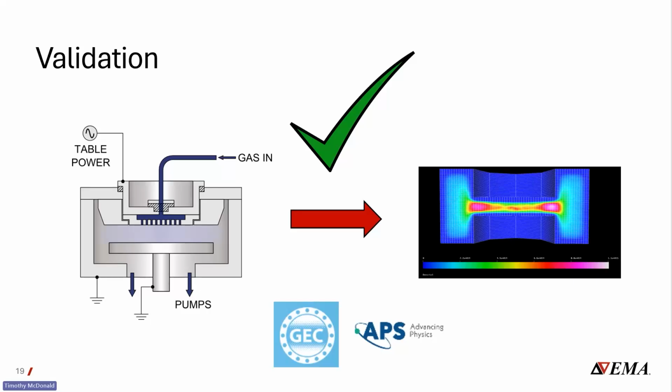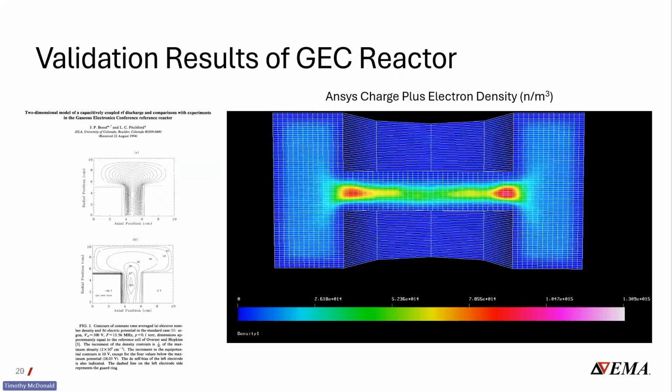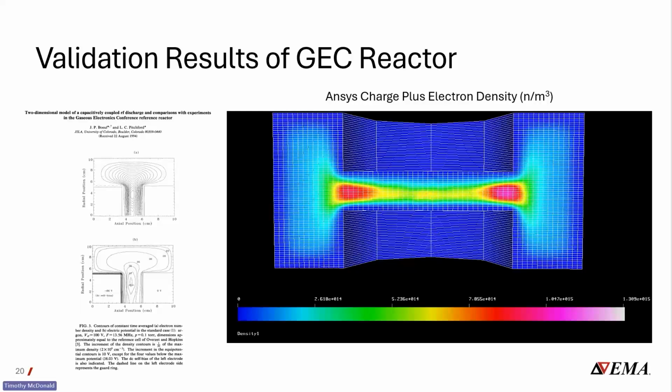It's not necessarily an industrially used plasma in this field, but it can be used for validation, and you don't have to give up the sensitive details. So the good news is that Charge Plus can absolutely get the GEC reactor and it gives perfect results. So we can resolve that.